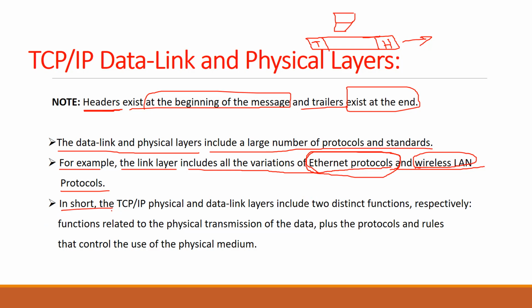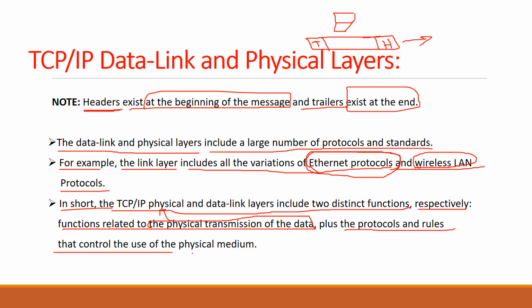In short, the TCP/IP physical and data link layers include two distinct functions, respectively. Functions related to the physical transmission of data belong to the physical layer, plus the protocols and rules that control the use of the physical medium, the data link layer. So this is the function of the physical layer, and this is the function of the data link layer.